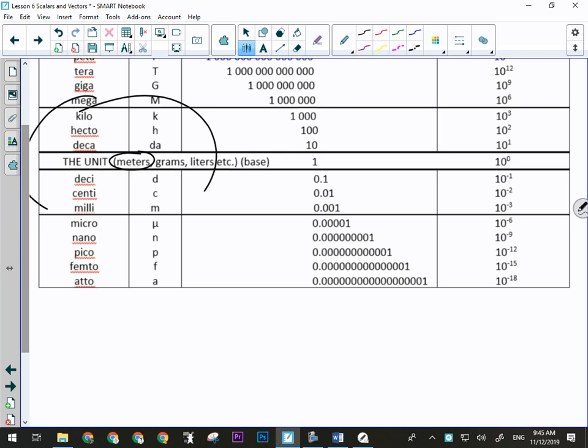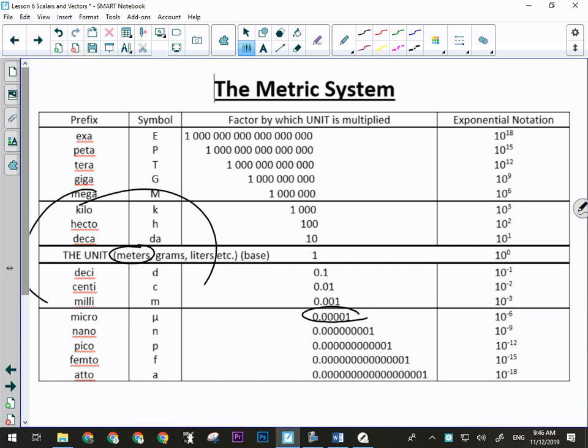We used micro to tell us how big things were when we were looking at it through the microscope. 1 micrometer is 1,000th of a meter. Sorry, not 1,000, it is 100,000th of a meter. What would the prefix be for Avogadro's number? It's to the 23. There probably isn't any.